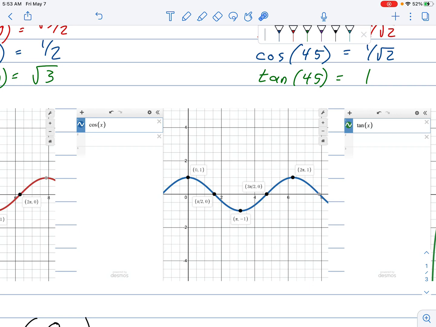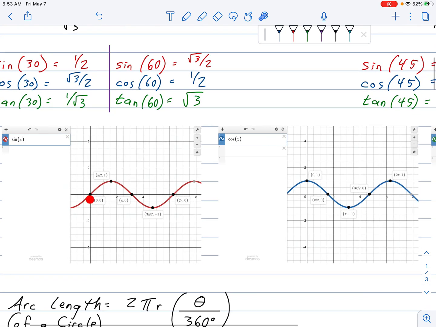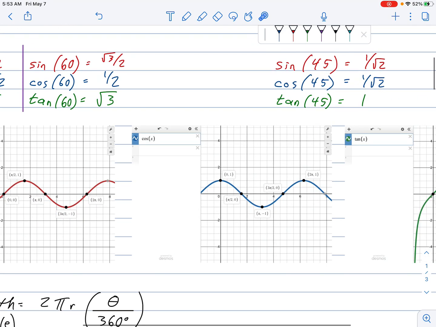Okay, cosine. It's very, very similar if we look at them side by side. Sine goes 0, 1, 0, negative 1, 0. So it starts flat, up, middle, down, middle. Cosine, as we saw, is almost exactly the same, just a little bit shifted from top down: 1, 0, negative 1, 0, 1.